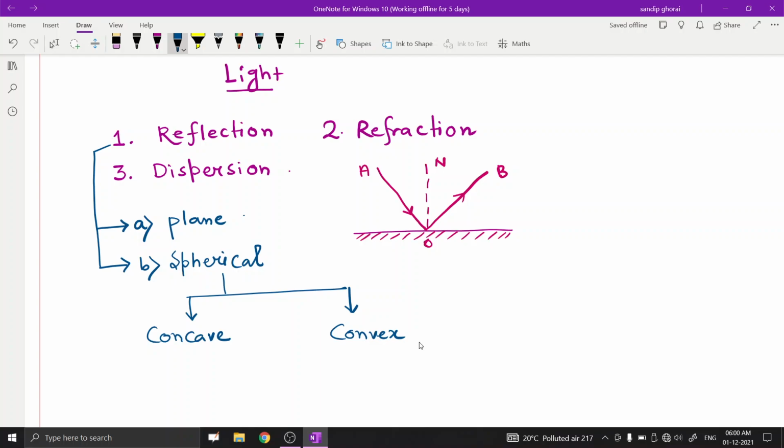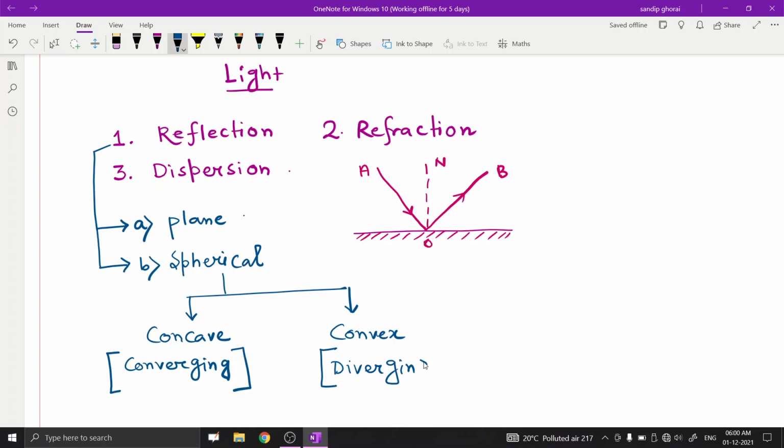Concave mirror is known as a converging mirror, and convex mirror is a diverging mirror.